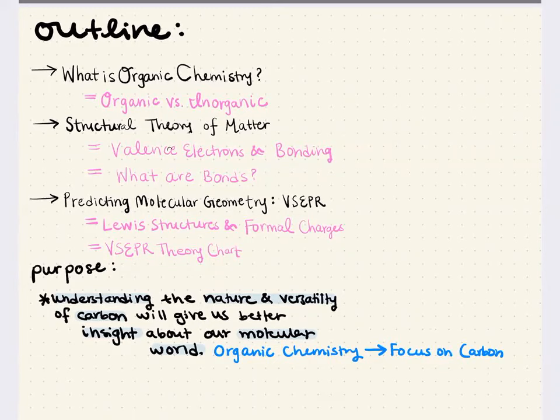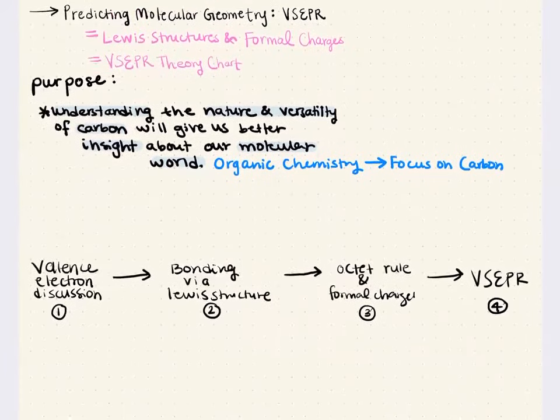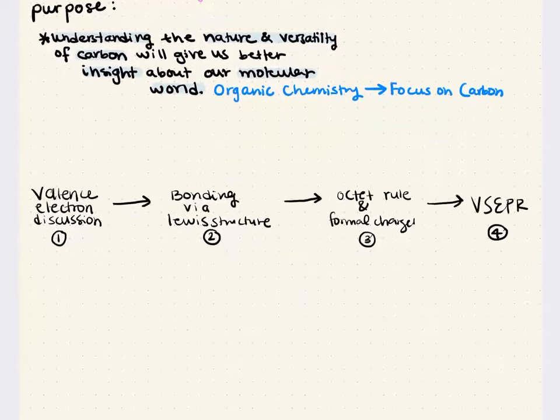Interestingly enough, there are different kinds of bonding, and we will also spend some time talking about that as well. And afterwards, we're going to catapult into drawing Lewis structures and understanding formal charges. And we're going to need all of this to fully comprehend VSEPR Theory, which will be the last topic of this video. So just an outline of this session, it's going to look something like this.